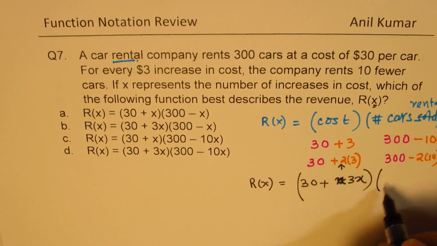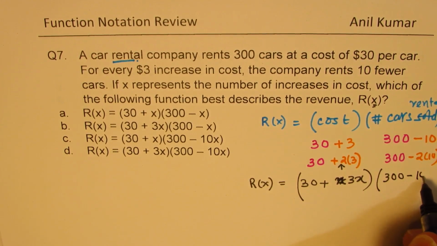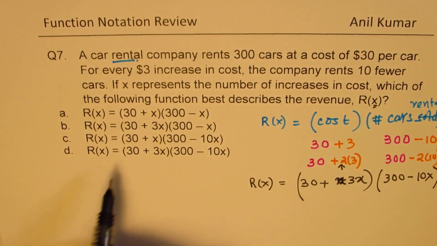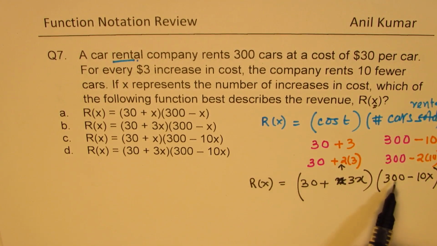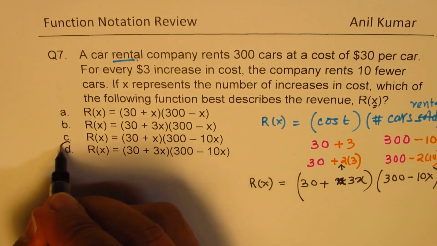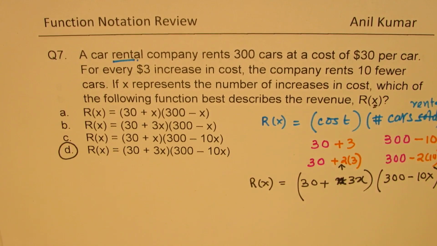And the number of cars rented will be 300 minus 10x. Now it's good practice to write the numbers first and then the variable, and that is why it is written like this. So 30 plus 3x and 300 minus 10x becomes the solution. So it is option D for us. Is that clear?